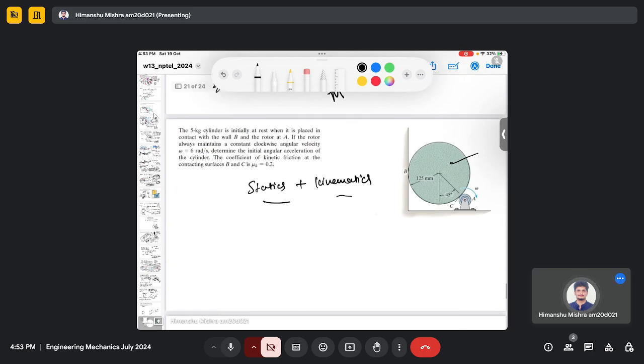So first we make the free body diagram. The weight is 5 into 9.81. There will be a normal reaction NB. There will be a friction force which is 0.2 NB.